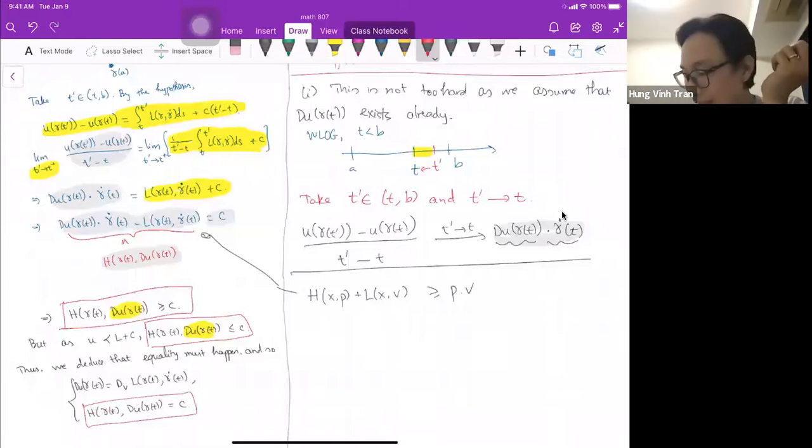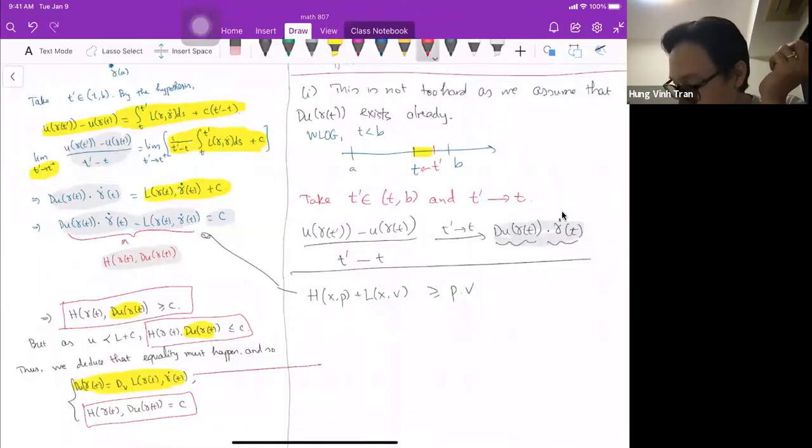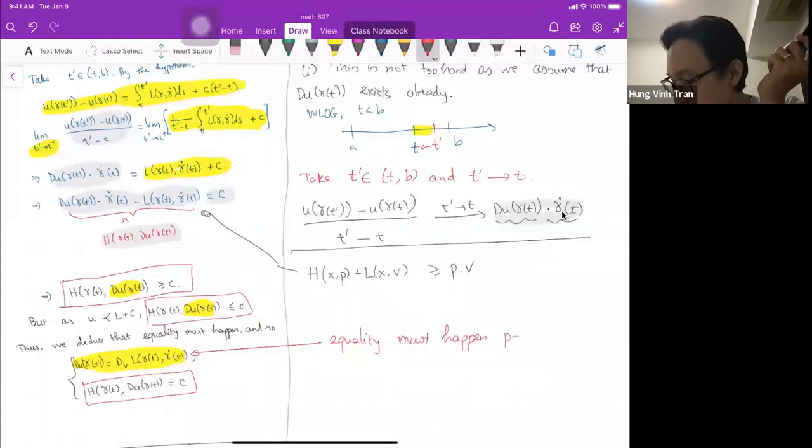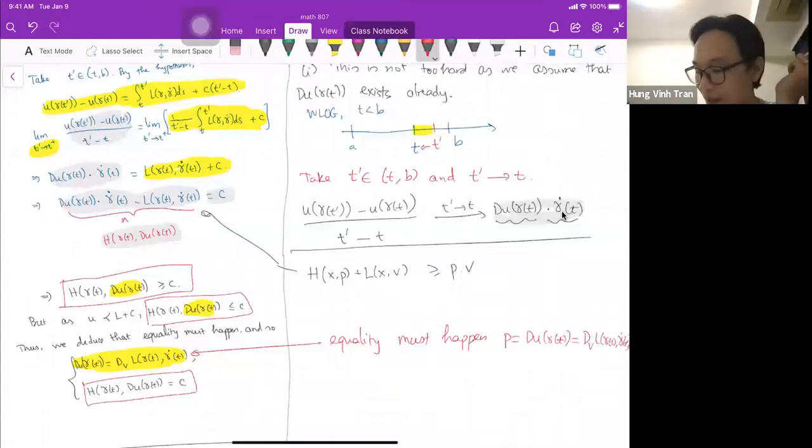And where equality must happen, p, which is du of gamma t, must equal the derivative in v of L of x, v, where x, v is gamma, gamma dot. And that's that.